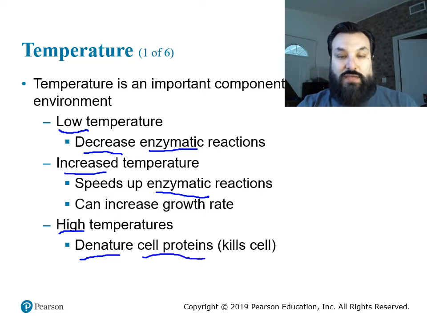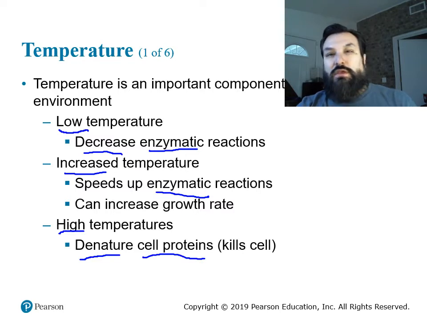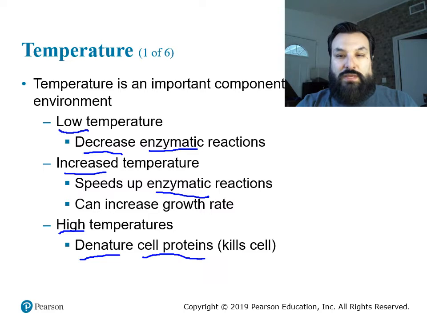Those proteins can actually be enzymes, but they can also be structural proteins, and we remember that proteins do everything for the cell. So when you start to denature these, they in fact will not work, will not activate. Okay, so when we talk about a protein being activated, it will usually have a shape to it.